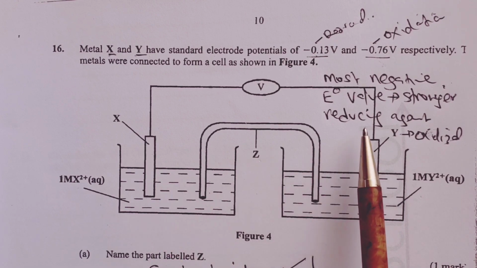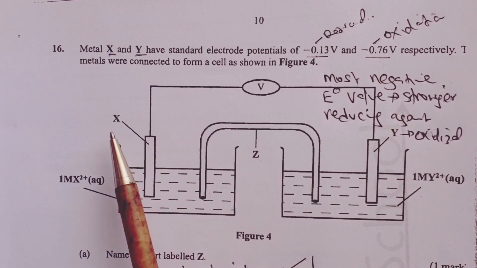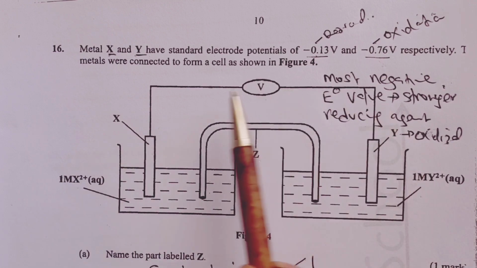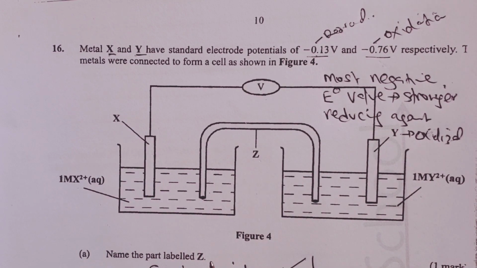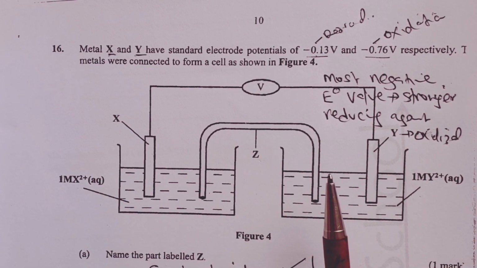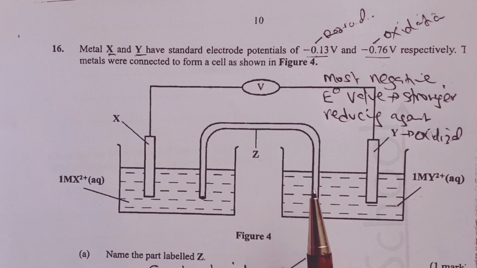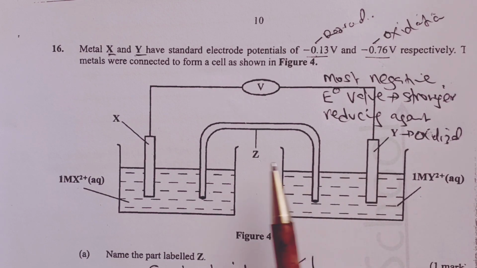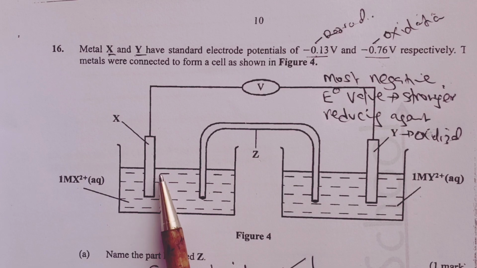This should have been our half cell Y, but the examiner drew it the other way around, maybe to make the question a little bit more demanding for the candidate. But by convention, half cell Y would have been on the left because it is where oxidation shall take place, and X would have been on the right.